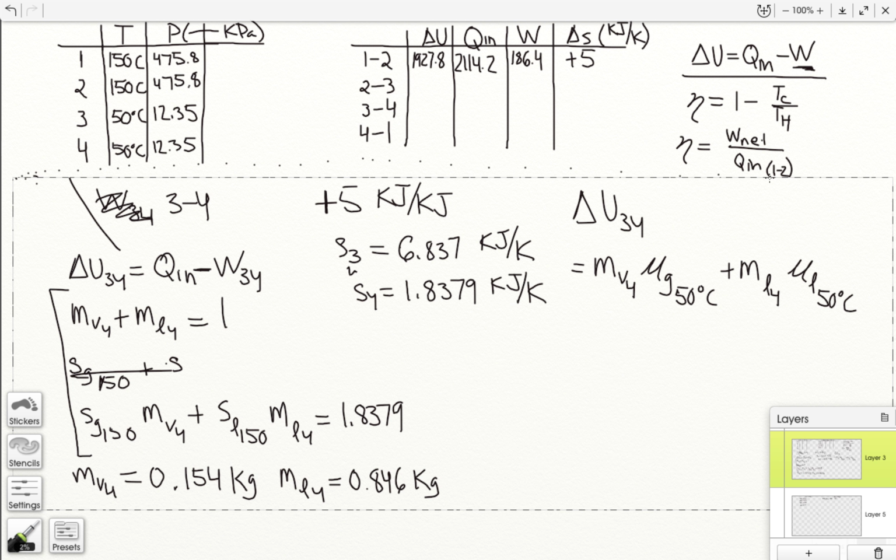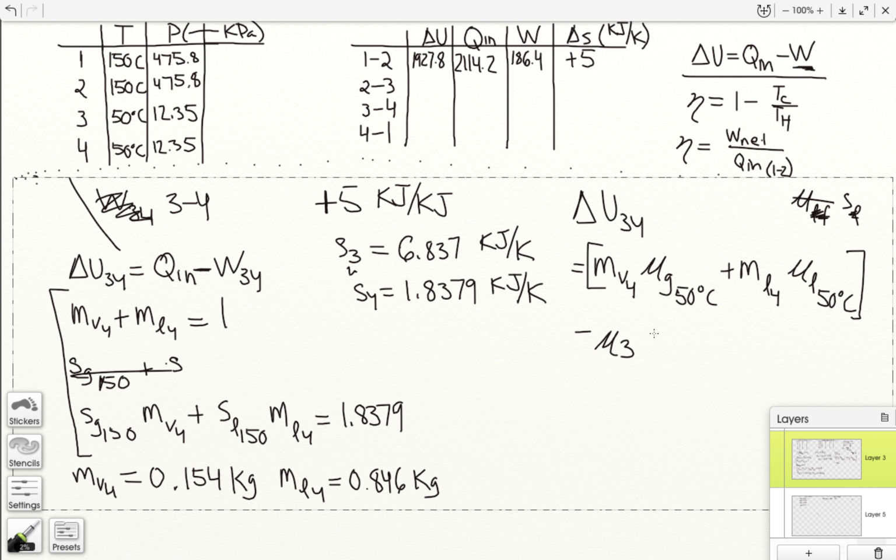Sometimes I've been writing UL or SL; I know in the table I provided they use F for liquid, so just know that I've been using that interchangeably. This represents the internal energy at state 4, and then the last process we had calculated U3. This is going to come out to be negative 1514.7 kilojoules.